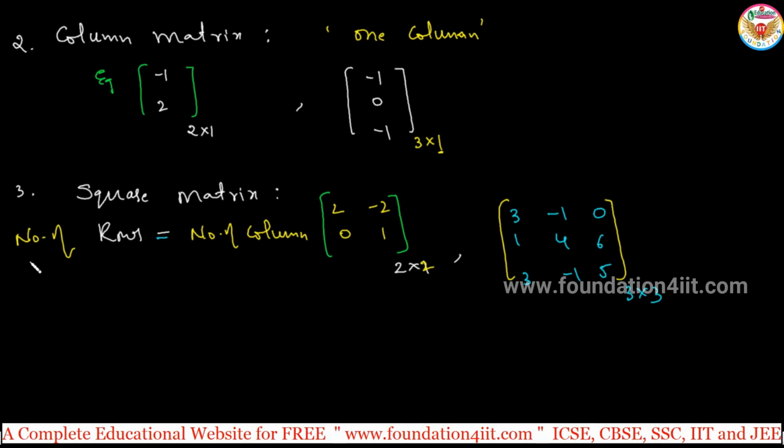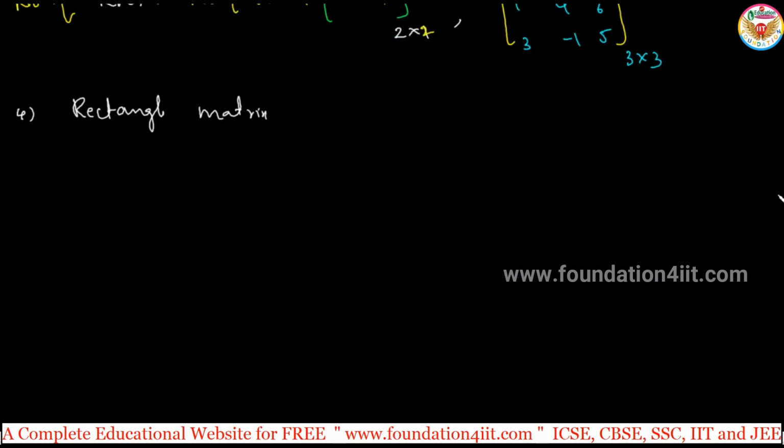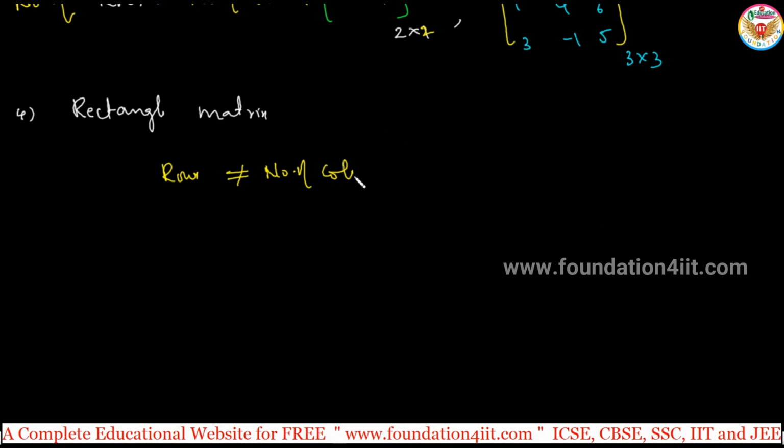Now in case it is not equal, that is the fourth one, rectangular matrix. Generally if you see the rectangle property, the length and breadth are not the same. So the same method, same meaning will apply in this. Rectangular matrix: number of rows not equal to number of columns.